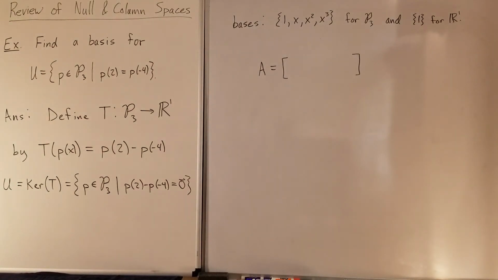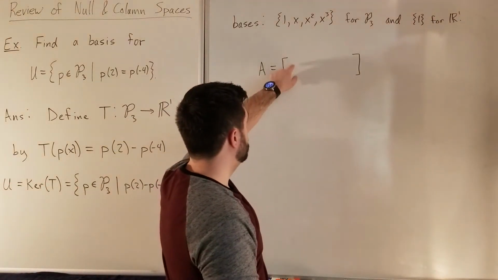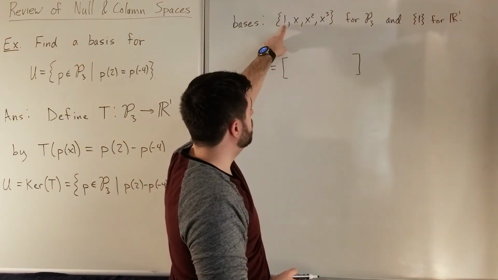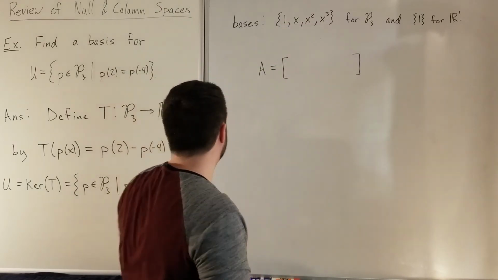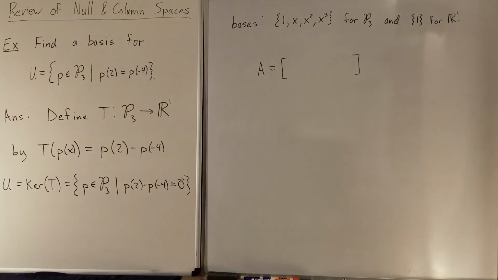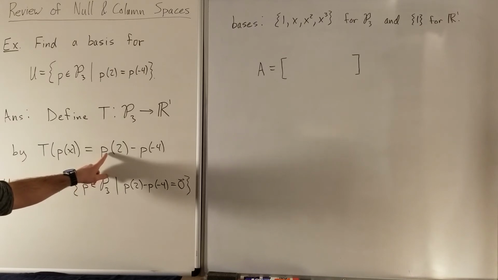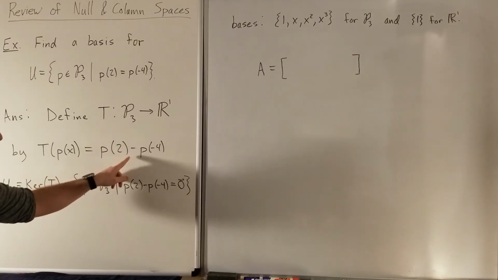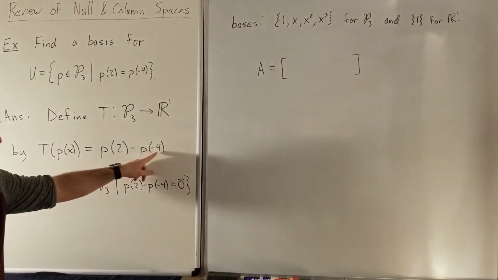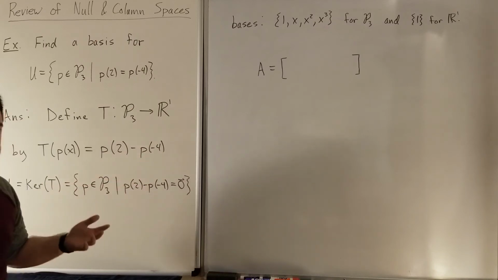Okay, so the first entry is going to be the image of this first basis vector. So we're going to figure out where T sends 1. If I have the polynomial 1 that I'm putting into T, so p is the polynomial 1, then p evaluated at 2 is 1 evaluated at 2, which is 1, and p evaluated at negative 4 is 1 evaluated at negative 4, which is 1, so 1 minus 1 is 0.